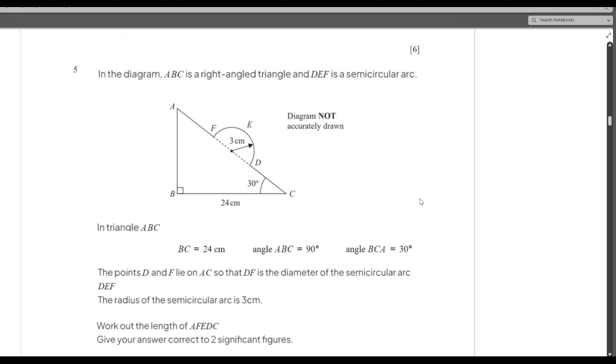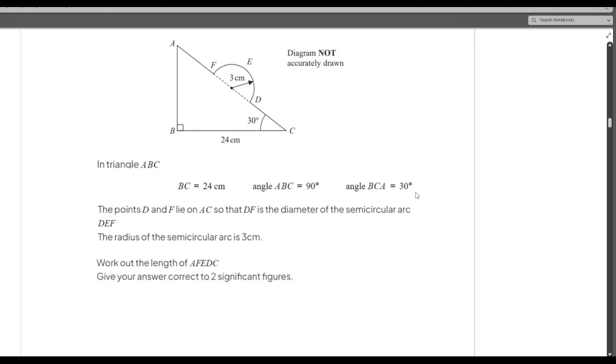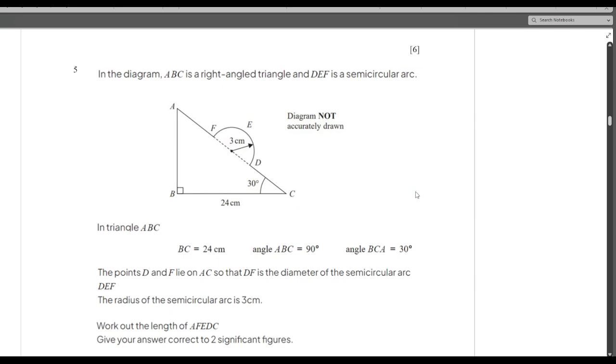Okay, now question number 5. In the diagram, ABC is a right angle triangle and DEF is a semicircular arc. In triangle ABC, BC length is given as 24, angle ABC is given as 90, and angle ACB is given as 30.